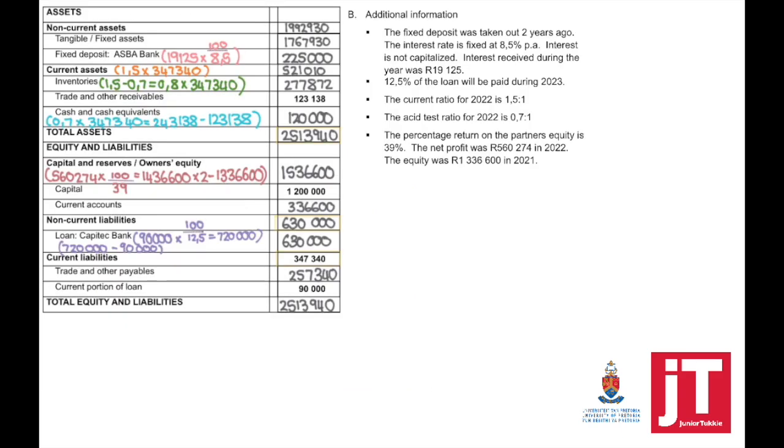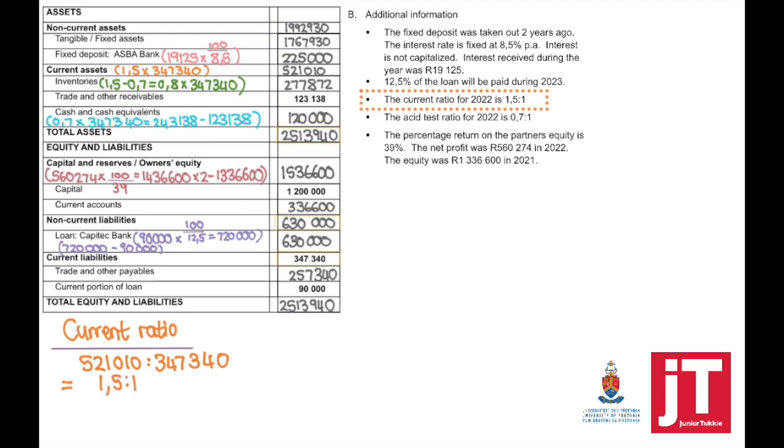Now, if we're looking just at those financial indicators which we used to find the missing figures, I'm going to show you now, if we were given the balance sheet and we needed to calculate the current ratio, we would have taken our current assets divided by the current liabilities, and that equals 1,5 to 1.